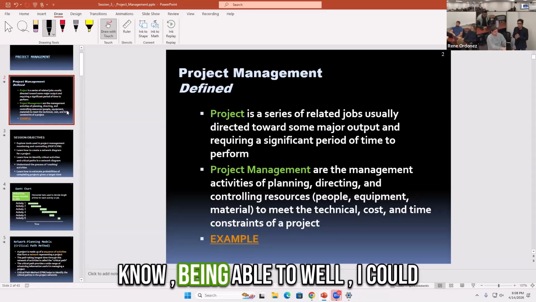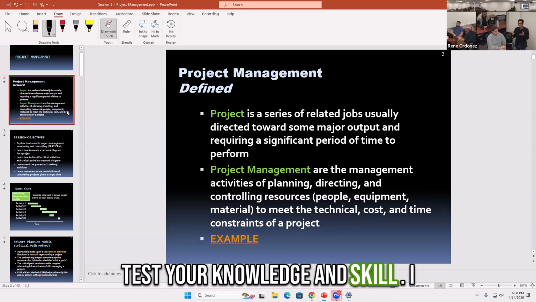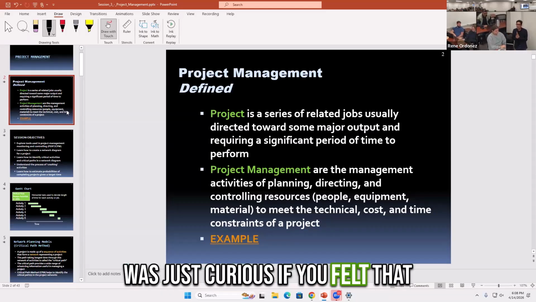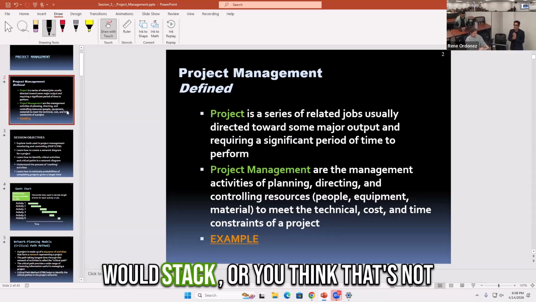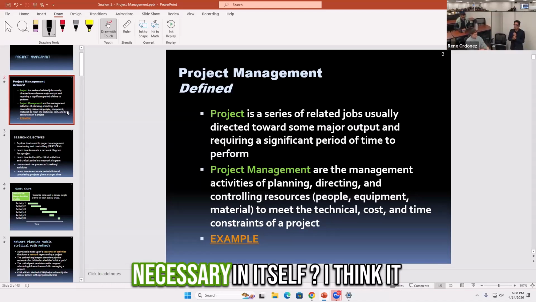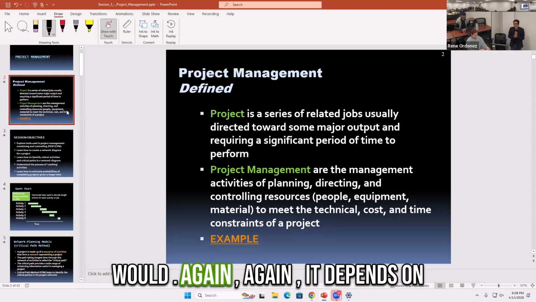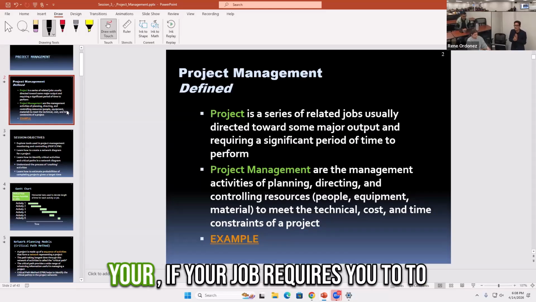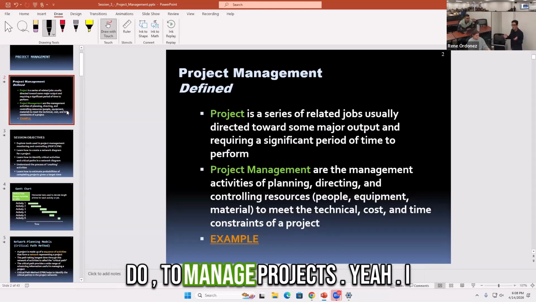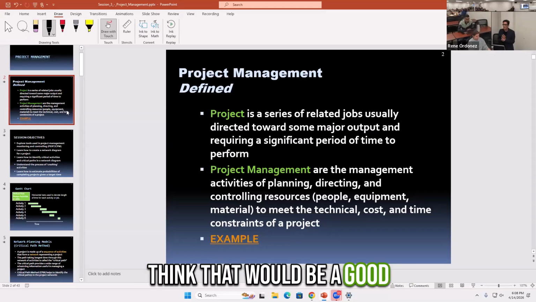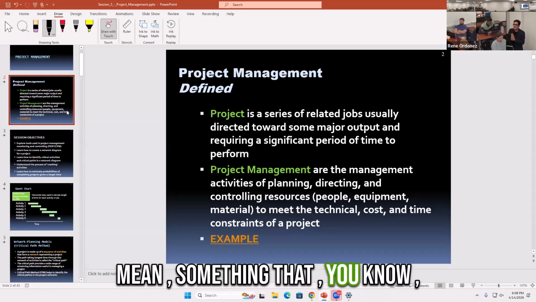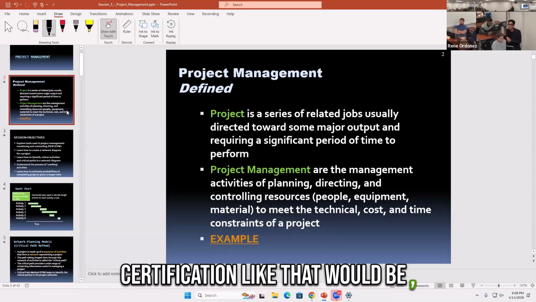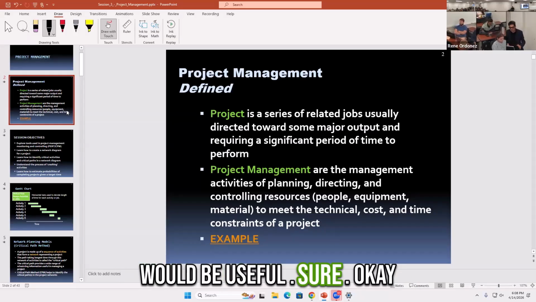It tests your knowledge and skill. I was curious if you felt that combining the MBA with the PMP would stack, or whether that's not necessary. Oh, I think it would. Again, it depends on if your job requires you to manage projects. I think certification like that would be useful. Okay.